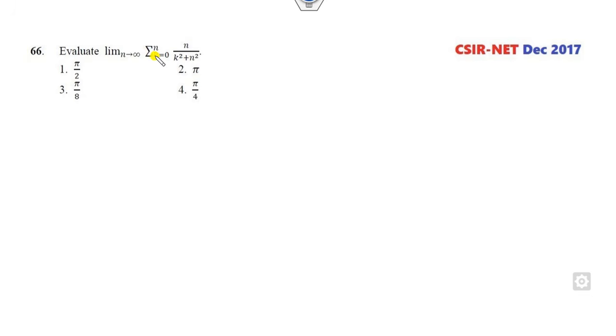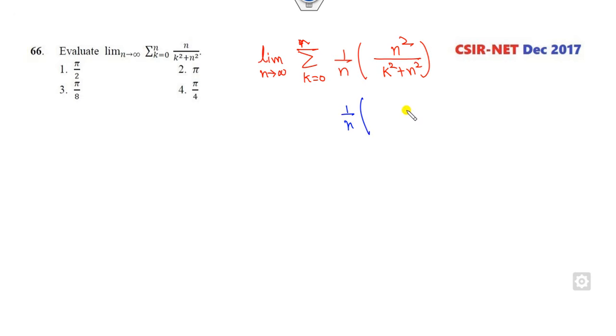Again this is there, but again the division by n is not given. So I can divide and multiply by n squared. So it is n squared over k squared plus n squared. So I can write this number as 1 over k squared over n squared plus 1.